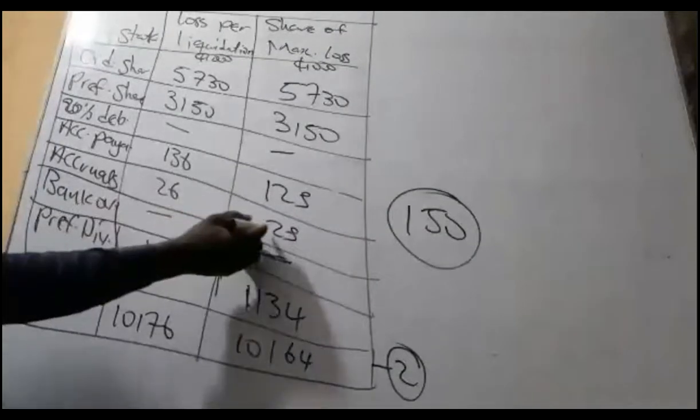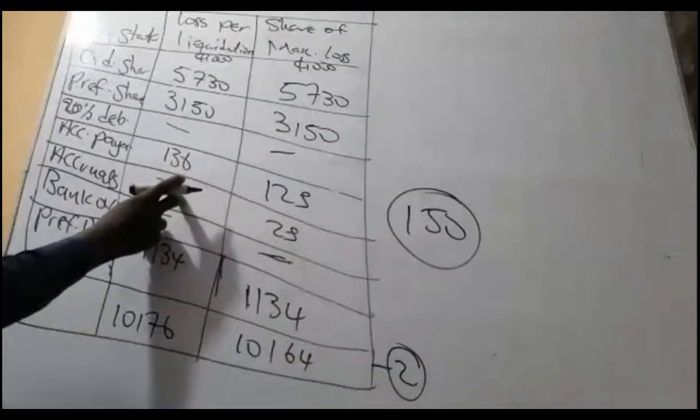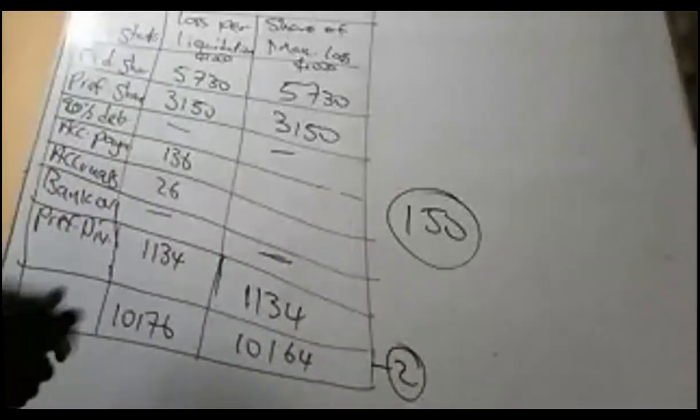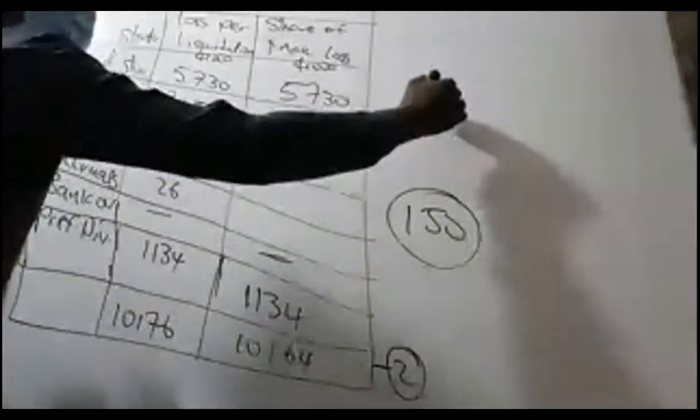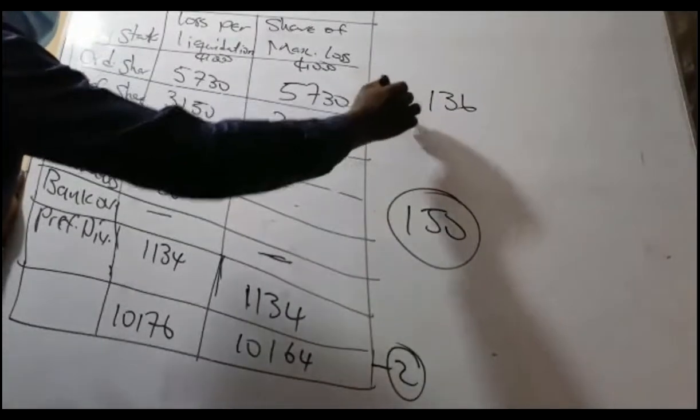But you see, it's a bit unfair to this person, right? So this guy's one must increase. Or you can share it on pro rata basis. So that means the 150 must be shared between two people. One person has 136 as the accounts payable.